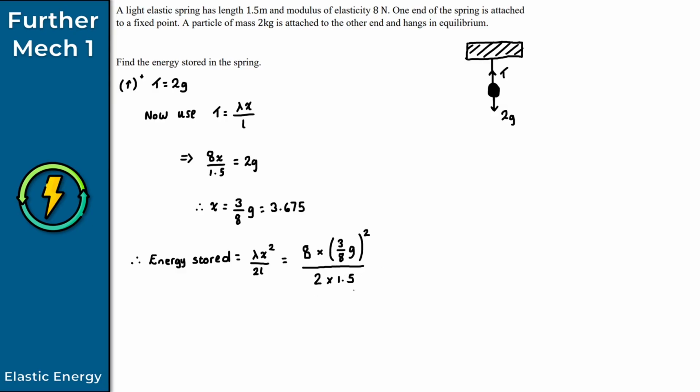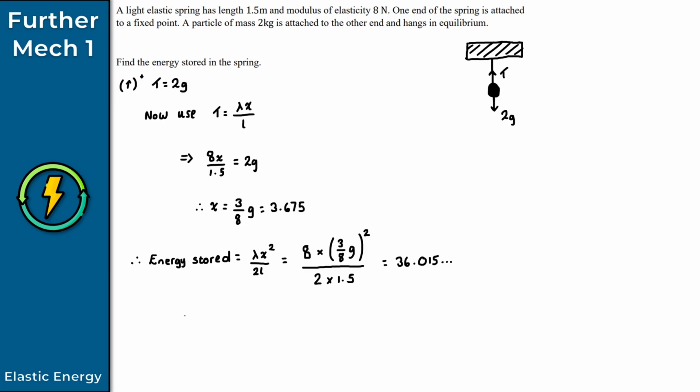At this point, just use a calculator. You don't get bonus points for doing this by hand. If you do this correctly, then what you should get is 36.015, and so on. And in that case, what we get for the energy stored in the spring is simply 36 joules.